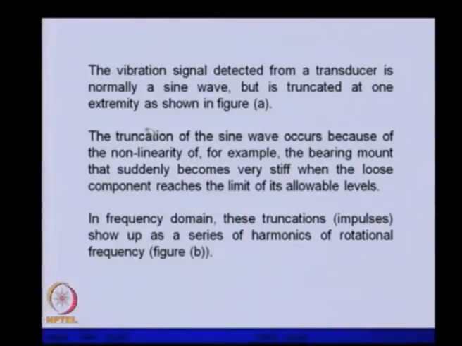A truncation of the sine wave occurs because of non-unity of, for example, the bearing mount, which suddenly becomes very stiff when the loose component reaches the limit of its allowable level. In the frequency domain, these truncation impulses show up as a series of harmonics of rotational frequency.